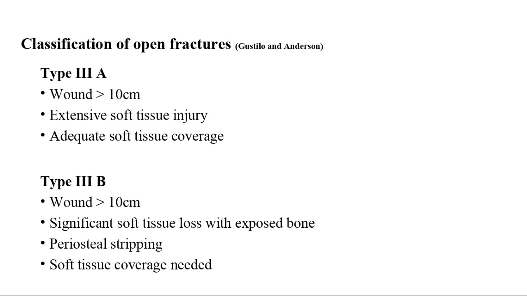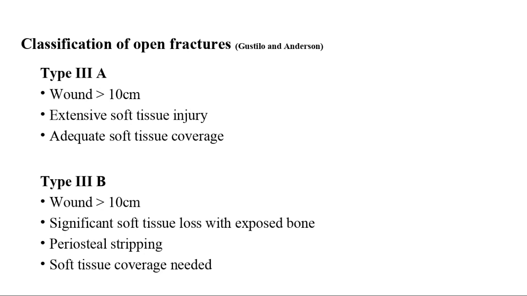The reason I mention high energy is because, in addition to the open fracture, other injuries may occur to other systems in the body, and that's what I want you to remember. High energy injuries can result in spinal injuries, vascular injuries, respiratory injuries, meaning a hemothorax or pneumothorax.